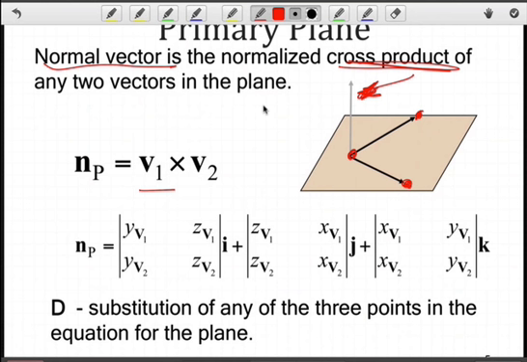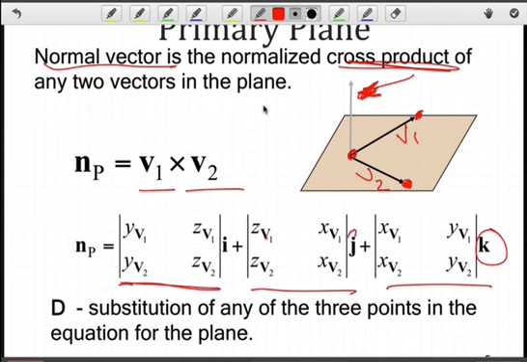So V1, let's say V1 is that vector, V2 is this vector. I cross these two, and as you recall, this is how we would take the cross product, the determinant, with the YZ coordinates, ZX coordinates, and XY coordinates. Of course, K is the unit vector representing the Z-axis, J the unit vector representing the Y-axis, I the unit vector representing the X-axis. And now I've got my vector NP.